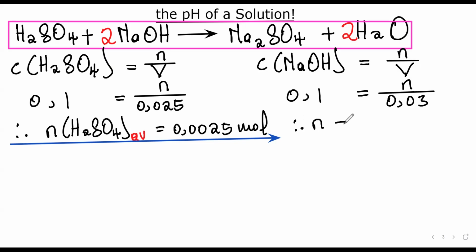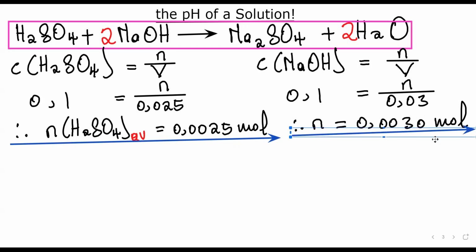And when we cross multiply, we find that the number of moles for sodium hydroxide will just be 0.003, right?